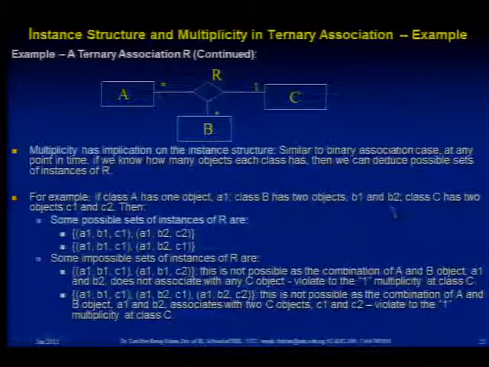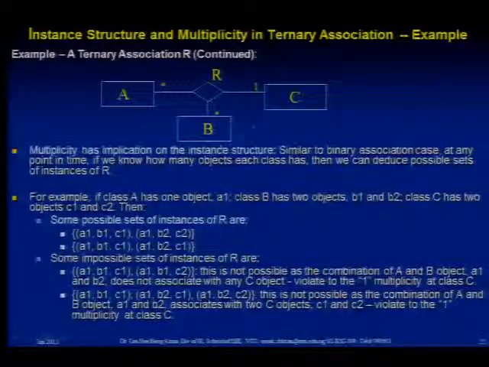What are the combinations? B1, C1, B1, C2. Okay, B1, C1 is only in the first tuple. That means it associates with exactly 1 A object. So that means it's 1. 1 is between 0 to many. That is okay.